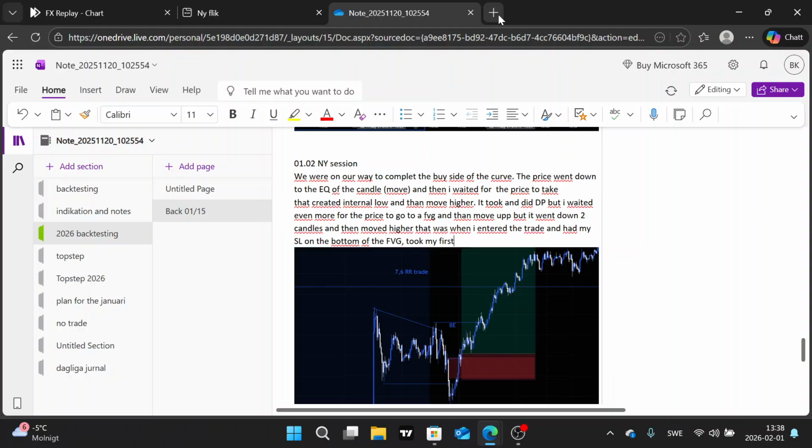Took my first partial on the internal previous high and moved my stop loss.